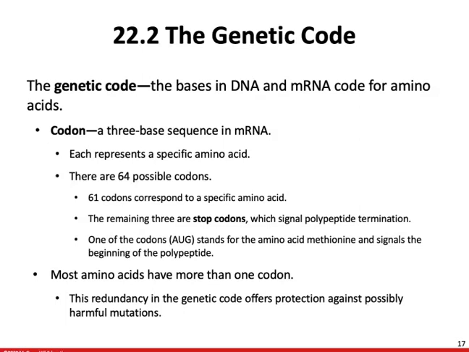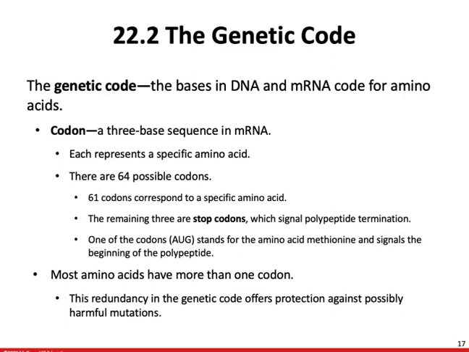Cat is a whole word. It means something. It is an animal, but it's made up of those 3 letters. So we refer to a 3-base sequence of RNA as a codon. Each codon represents a specific amino acid.